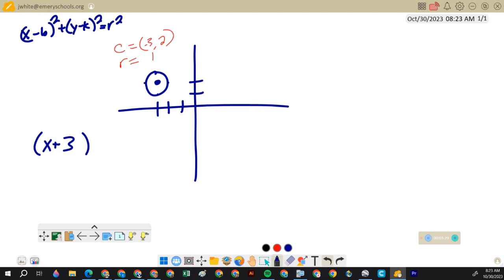The equation says subtract h, and h is negative, so it would be x plus 3. Okay, what about the y parenthesis? Y minus 2 squared equals 1 times 1 is 1. So that is the equation of a circle centered at -3, 2, and it has a radius of 1. Okay, doesn't look too bad, right?